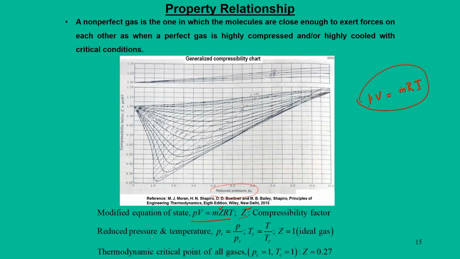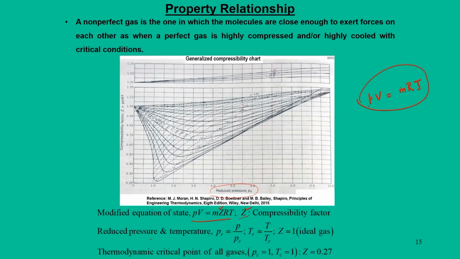We define reduced pressure and reduced temperature as Pr equal to P by Pc and Tr equal to T by Tc, where P and T are any arbitrary pressure and temperature at which the gas is specified. But Pc and Tc are the critical values of pressure and temperature, that is, at critical conditions.